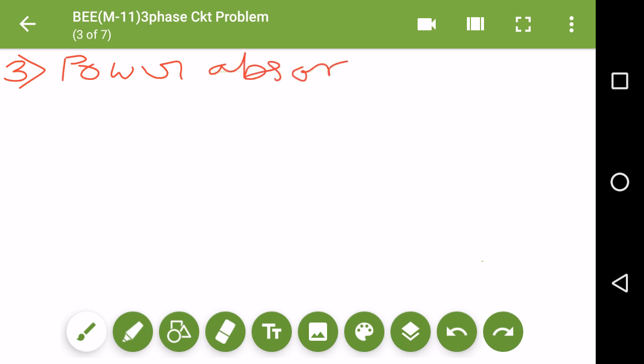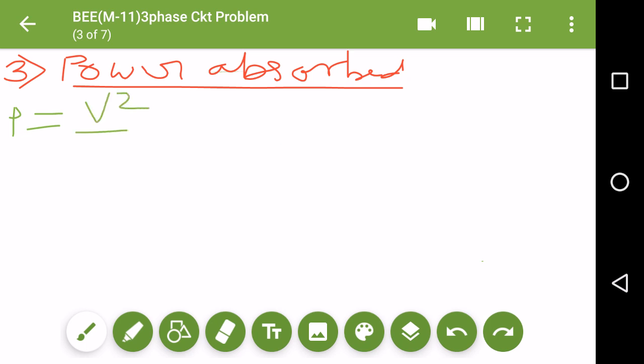There are many formulas to find the power, but I am going to use a formula which is very easy and less time consuming: V square upon R. Power absorbed is V square upon R.